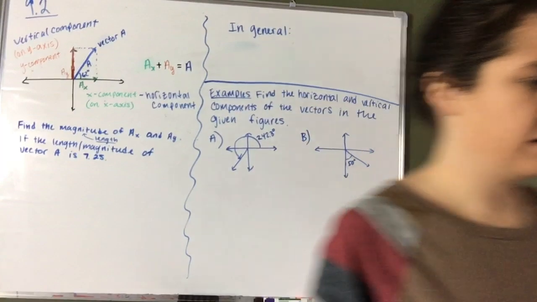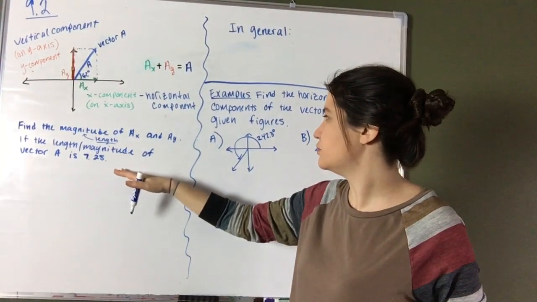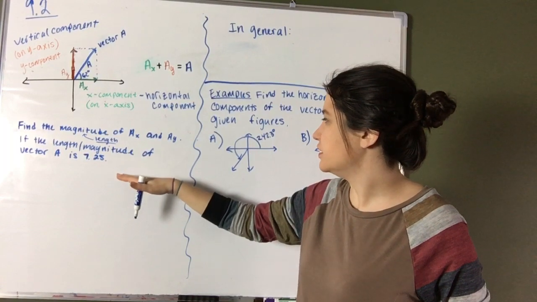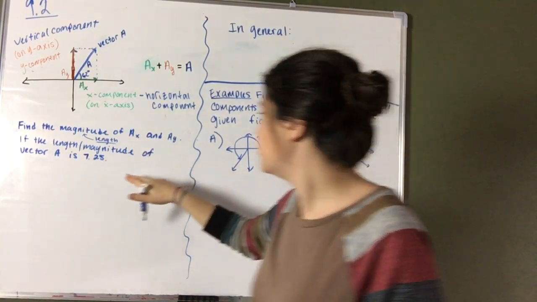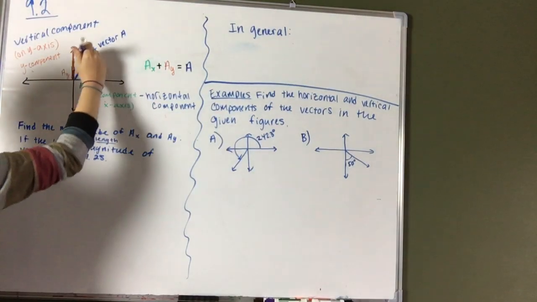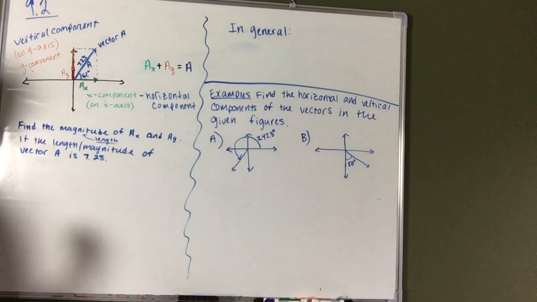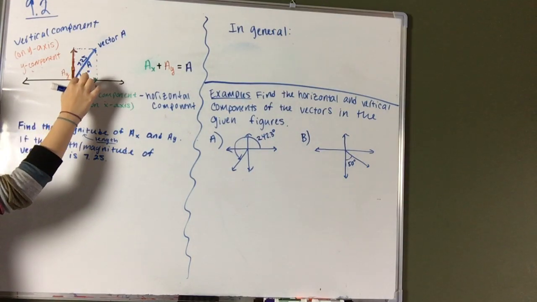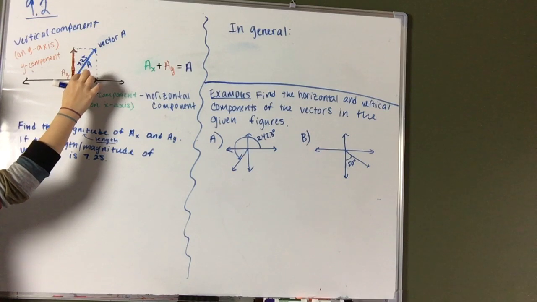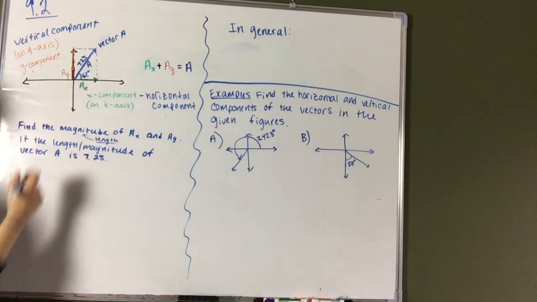Okay, so just from the trig that we've learned previously, this is definitely something possible for us to find. So we want A sub x. We know that this length here is 7.25, the length of vector A. Then, working off of the angle, this would be the adjacent side and this would be the hypotenuse.